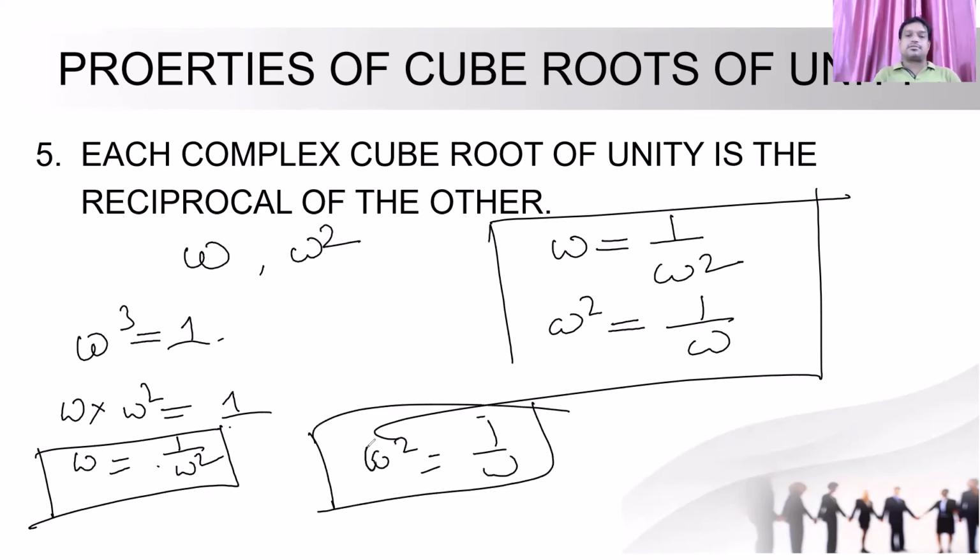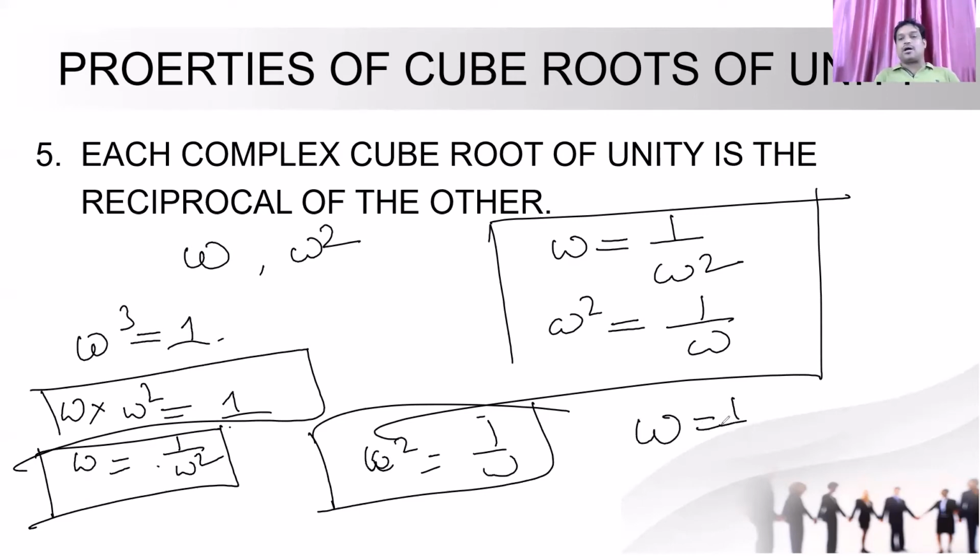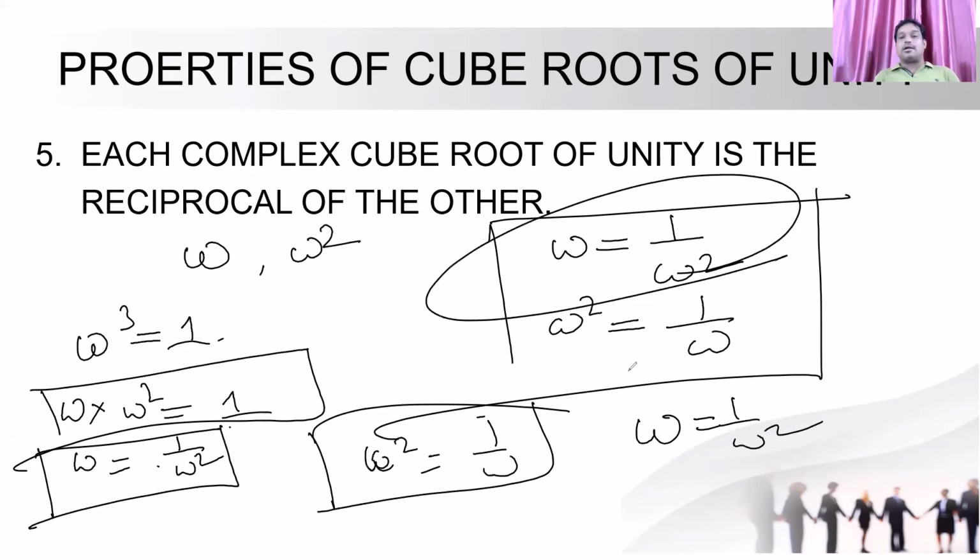From this concept, from omega cube equal to 1, omega into omega square equal to 1, so omega equal to 1 by omega square. So you can write one complex cube root will be the reciprocal of the other, and the other will be the reciprocal of the first. Okay, so this property also I have completed.